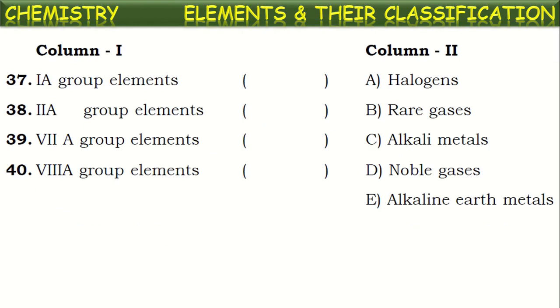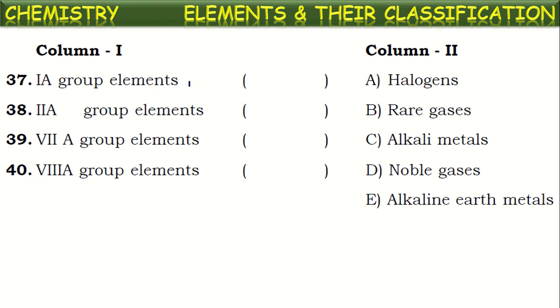Okay. Next, one more matching is given here. Certain groups of elements are mentioned in column 1. In column 2, there are special names. Based upon certain characteristics, they are given certain special names. So match these groups of elements with their special names. See the first one, 1A group elements. What are they called?